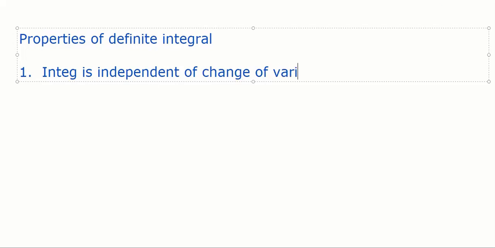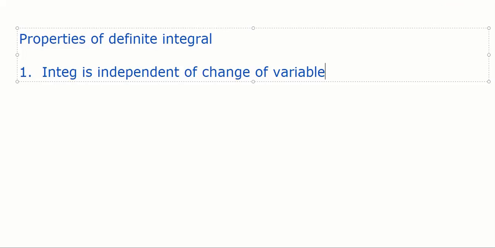Property number 1: integration is independent of the change of variable. How many times have we changed it? It doesn't depend, because we are changing the limit also. Correct?